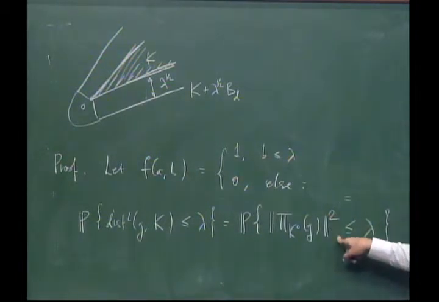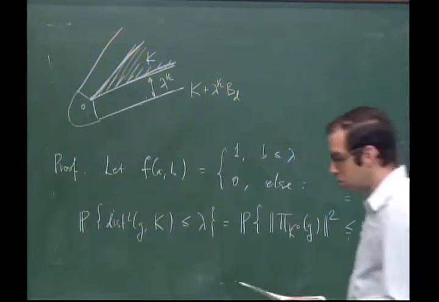This is based on standard facts about orthogonality, because convex cones introduce an orthogonal decomposition of the space. For any point, you can write it as its projection onto the cone plus its projection onto the polar cone, and those two projections are orthogonal to each other. So this is a simple fact from Euclidean convex geometry.